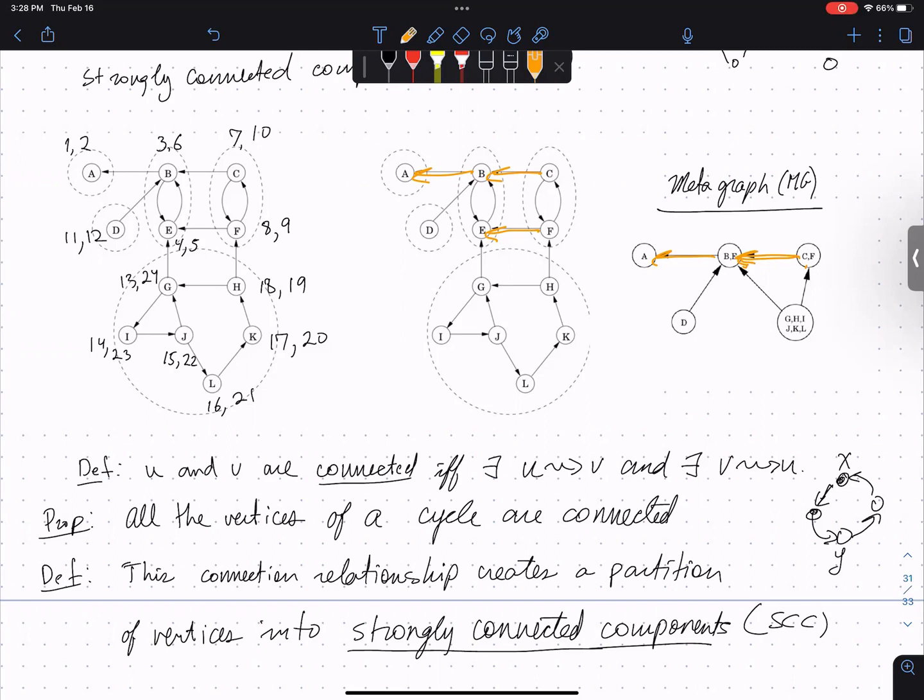From G, we have an edge to E. So from the component of G to the component of E. And we have from H to F, so the component of H to the component of F. What did I forget? I forgot from D to B, the component of D to the component of B.